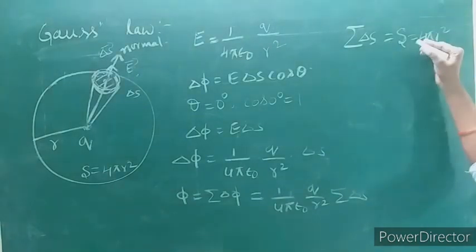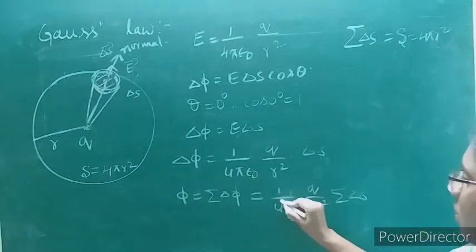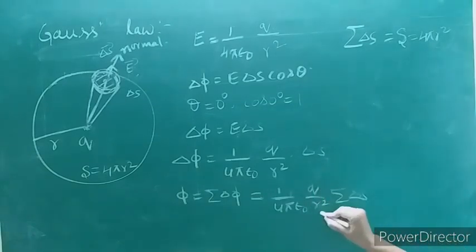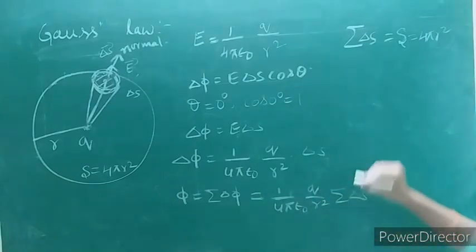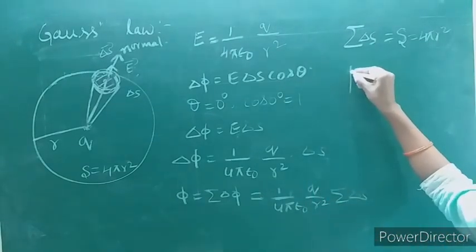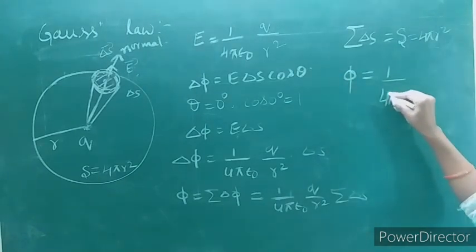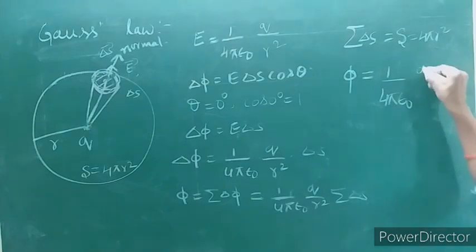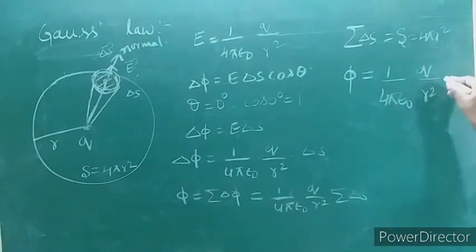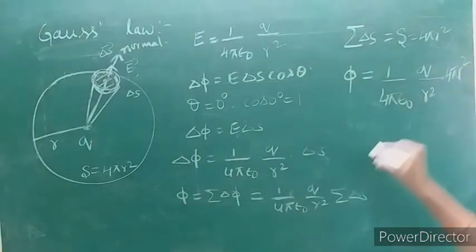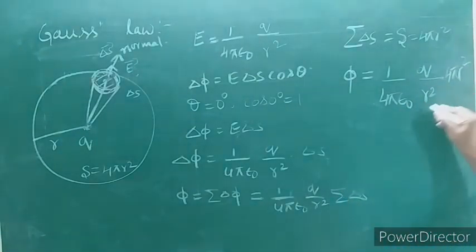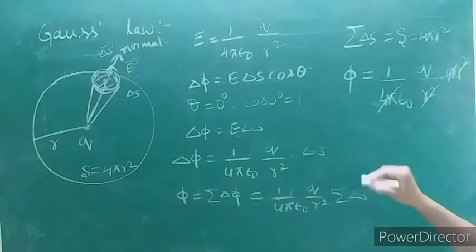Now substitute this value in the equation. So phi is equal to 1 by 4 pi epsilon naught Q by R square into summation delta S, whose value is 4 pi R square. Here the 4 pi and 4 pi, and R square and R square, get cancelled.